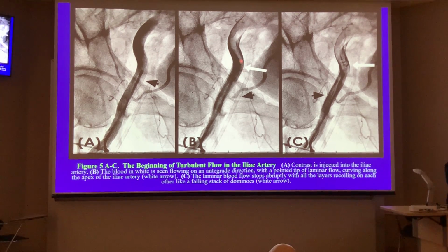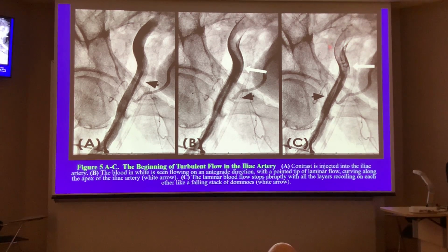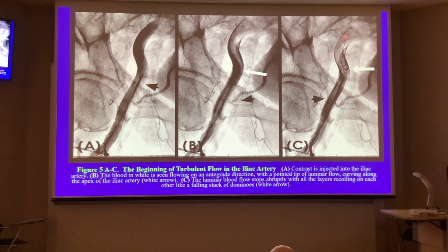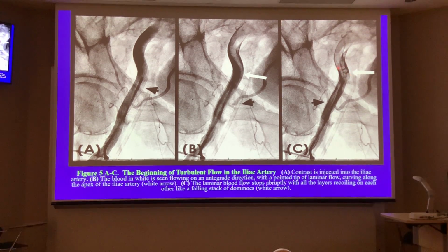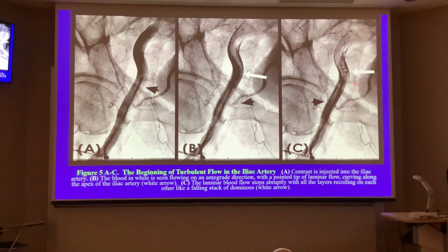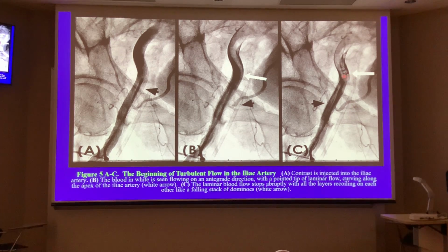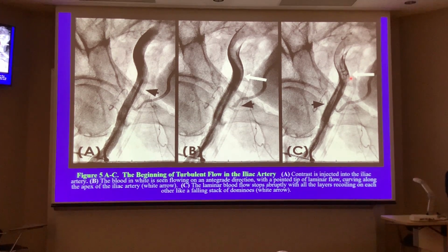This one is laminar flow, very organized, and the point is very clear here. And for figure C, the laminar flow stops abruptly at this position with all the layers recoiling each other. So we can see a little turbulent flow here, not very clear, but I will show you in the next slide.